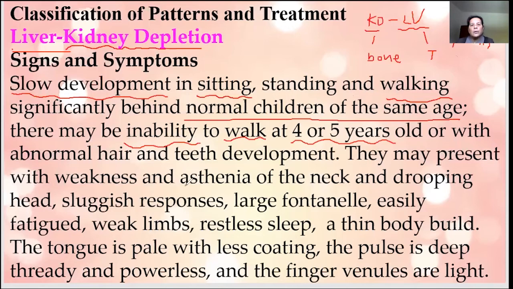And also slow development of the hair and slow development of the teeth. That basically shows up as weakness and deficiency. Even the neck may droop, which means the muscles are weaker and can't support the head, so it droops. And there are slow reactions.